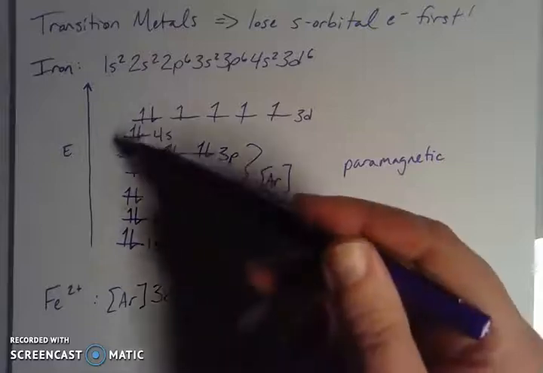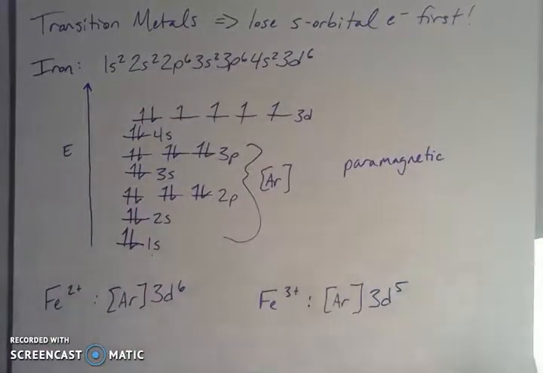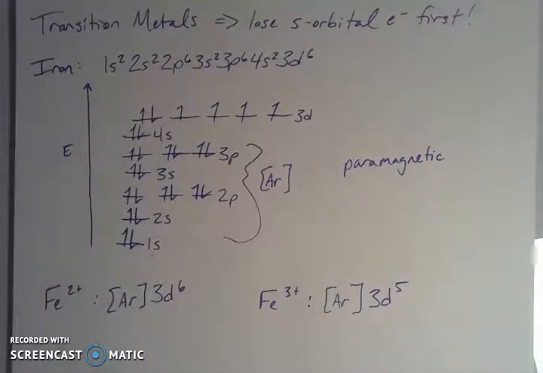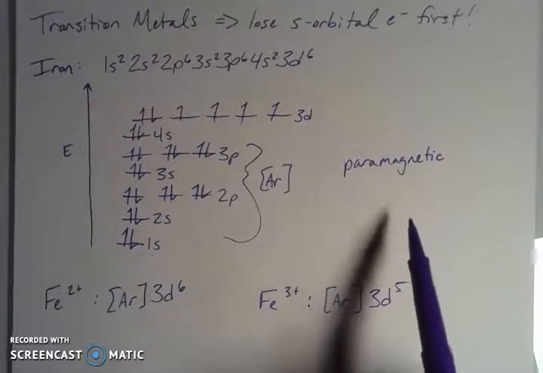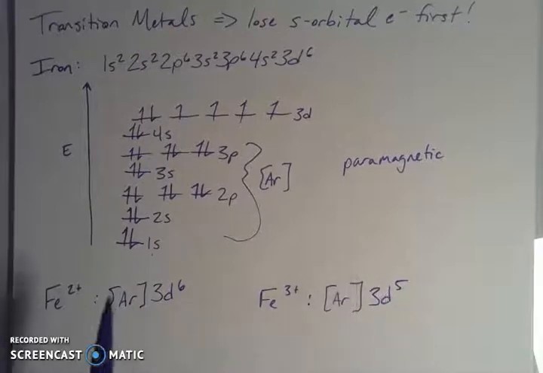If you have one that's spin up and one that's spin down, then they cancel each other out, and they don't create as much of a magnetic field. So the more unpaired electrons, the stronger they interact with a magnetic field. So this helps to explain iron's magnetism in both its ionic form as well as its non-ionic form.